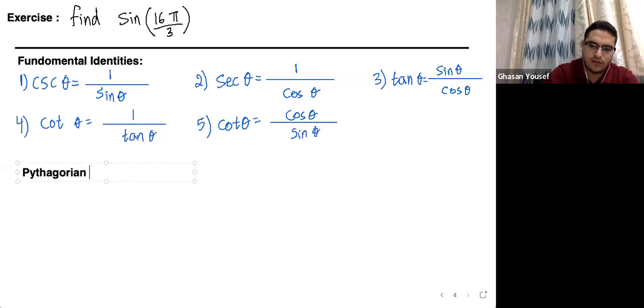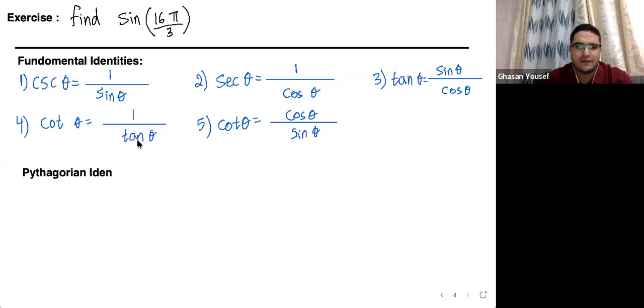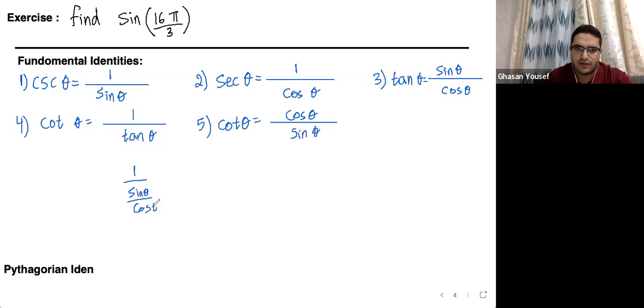Wait, why do we have two cotangents? The first cotan is 1 over tan. And the second cotan is the reciprocal of the tan, cosine over sine. I will show you. I know the cotan of theta is 1 over tan, right? The tan equals sine of theta over cosine of theta.